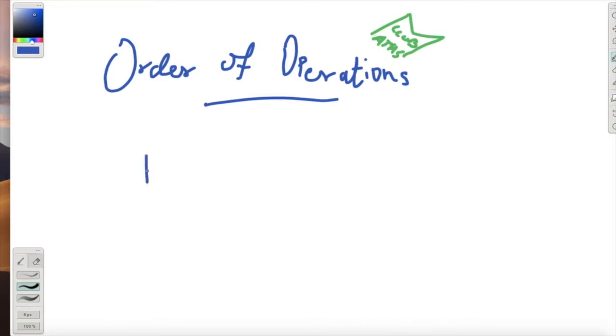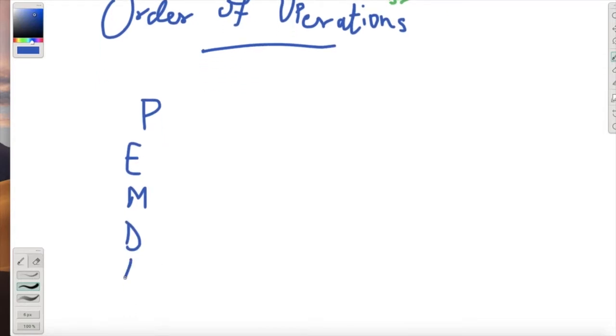Let me write down quickly: P, E, M, D, A, S. So this is your key that you have to remember.